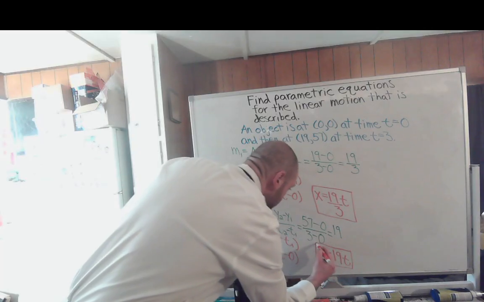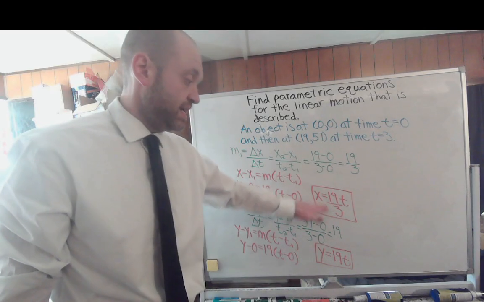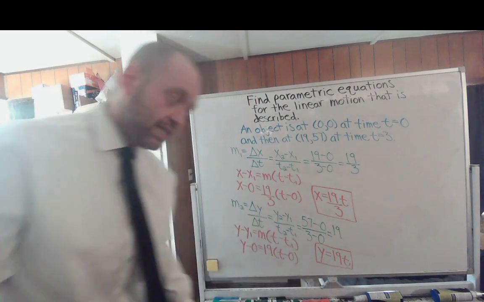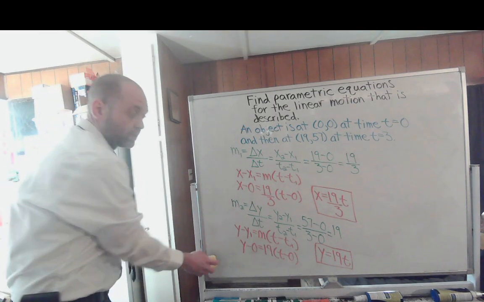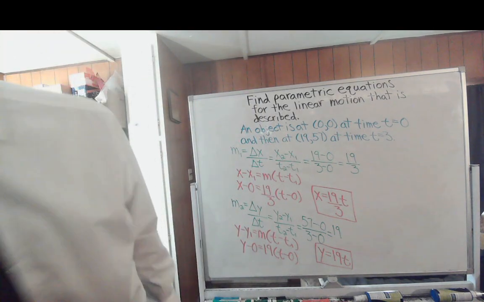So the two parametric equations you're looking for are x equals 19/3 t and y equals 19t. And I have two more problems like this.